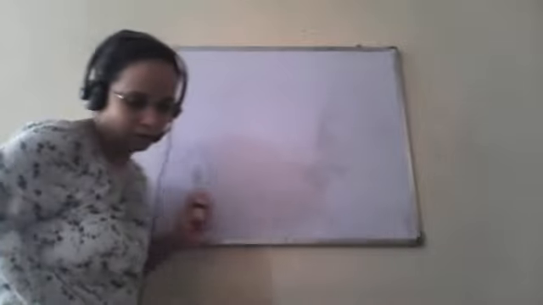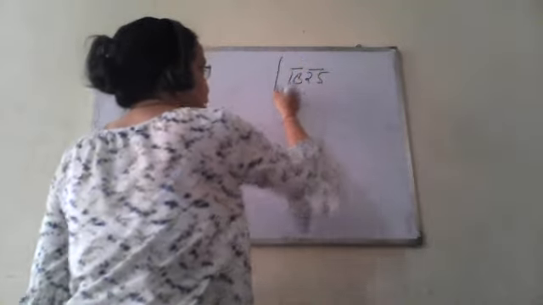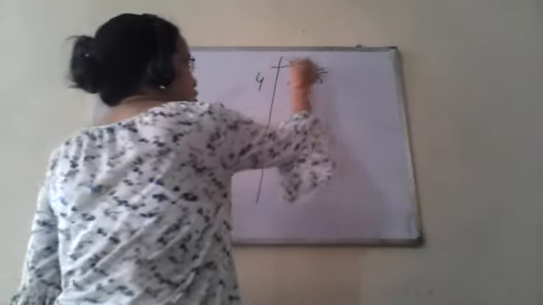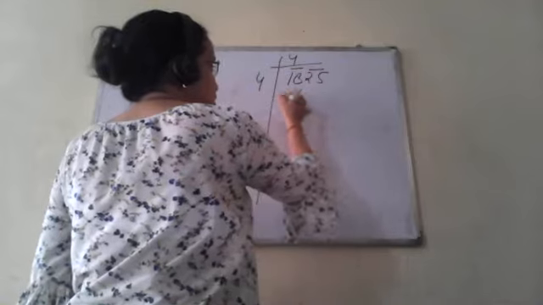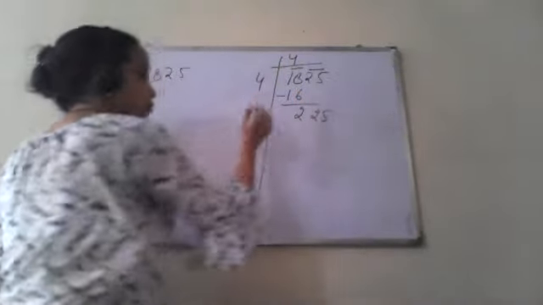Next is 1825. So bar, 4, the square of 4 is 16. This is 2, we write this 25. Double of 4 is 8.